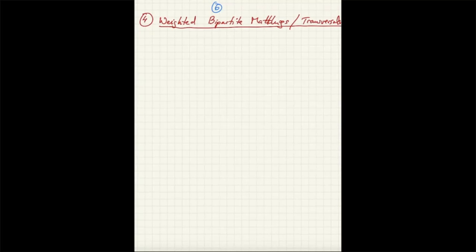This is also called the assignment problem. And here's how we describe it. Let's say we have a matrix, let's call it W, of weights. Again, it's a square matrix, n by n, where n is a natural number. So you have these entries Wij, which are greater than or equal to 0.